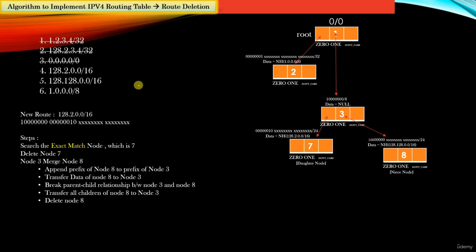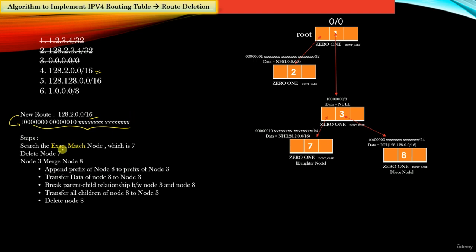So guys, now you can see our M-trie data structure is gradually shrinking. Now let us continue with the route deletion. Now let us delete route number 4, which is 128.2.0.0/16. So the effective prefix of this route would be the following.